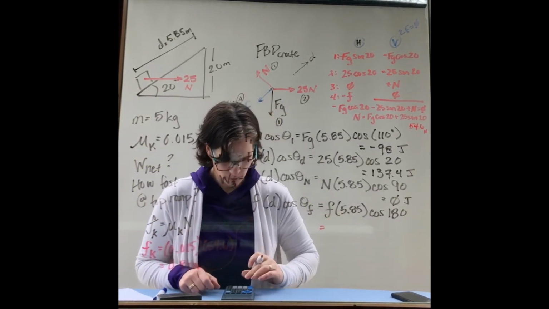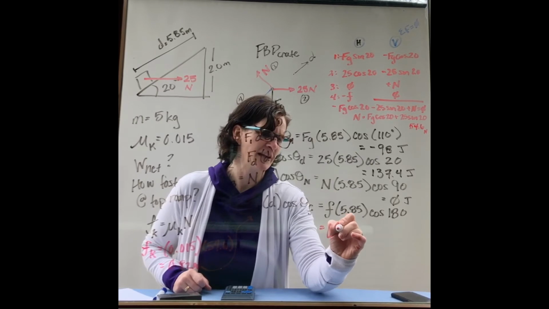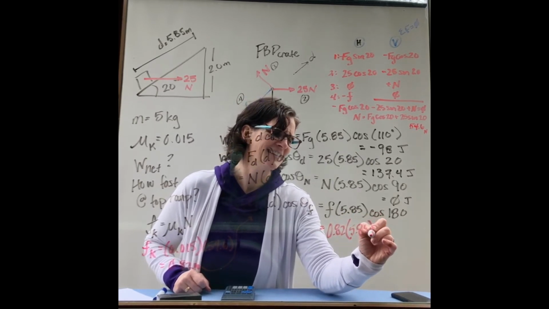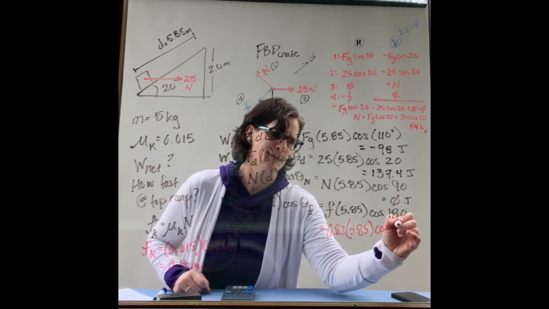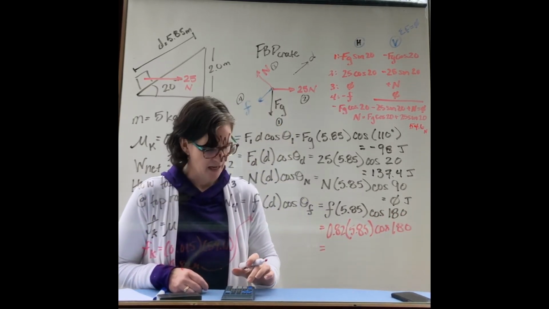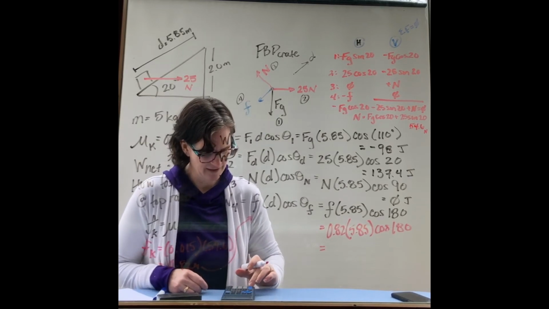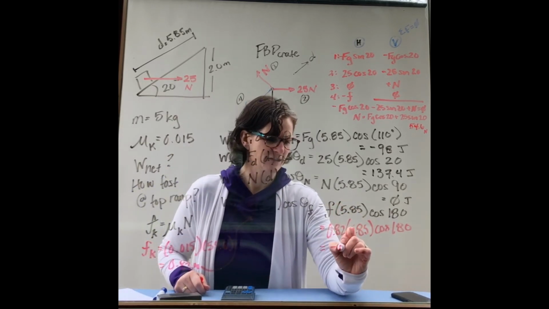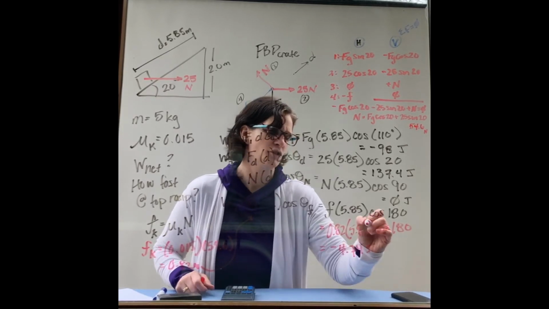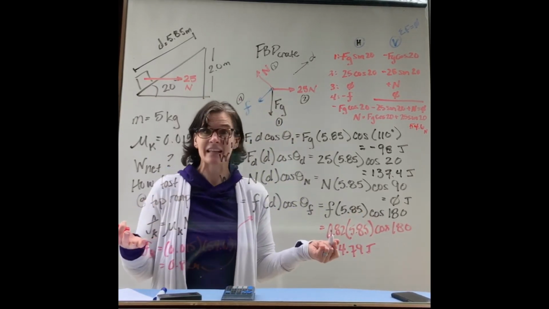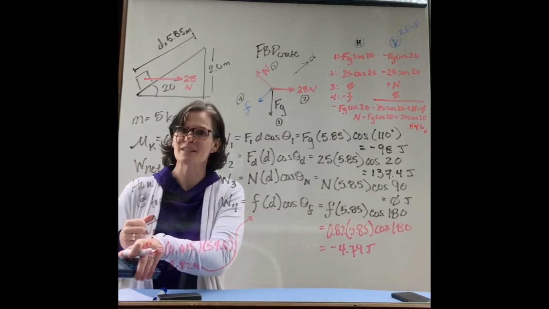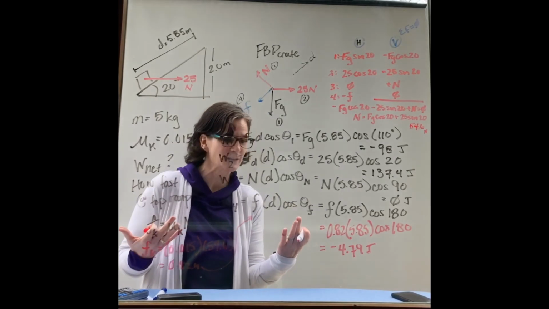And we have 0.82 times 5.85 times the cosine of 180, which we know is -1, times 5.85. We get negative 4.79 joules. And again, negative, friction is opposing the direction of the displacement, and so it's going to provide us with negative work.